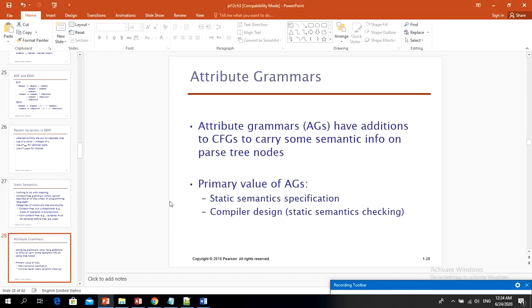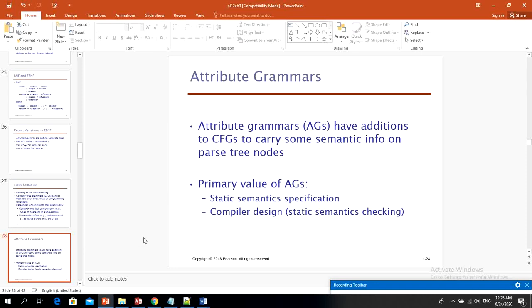Attribute grammars, or AGs, have additions to context-free grammars to carry some semantic information on parse tree nodes. So it is kind of explaining the nodes on the parse trees, or making some explanation or definition on these parse trees.